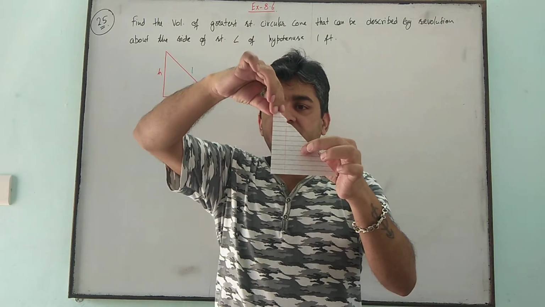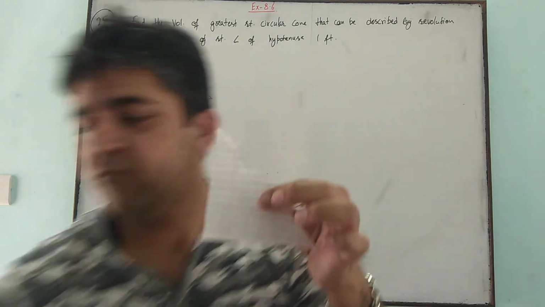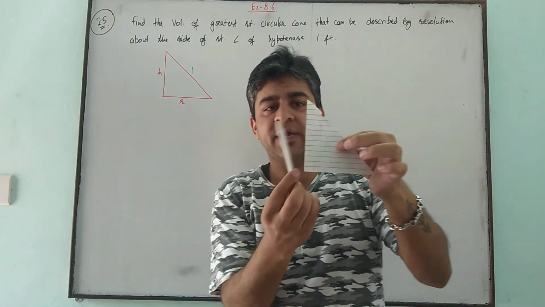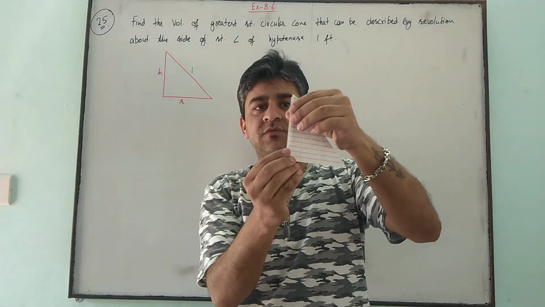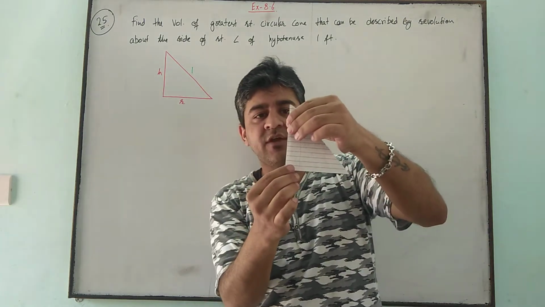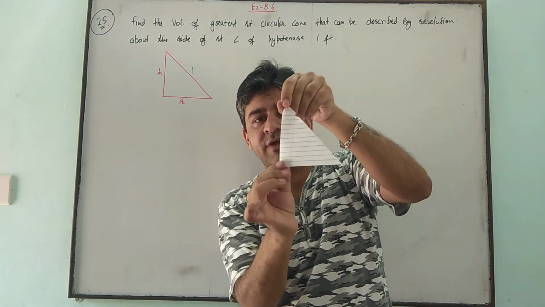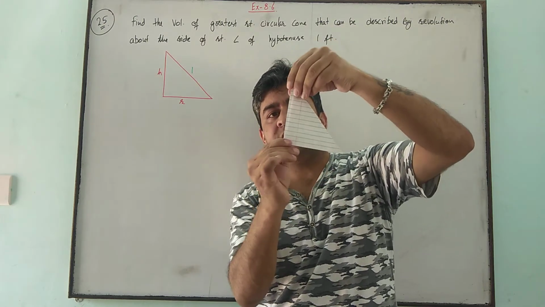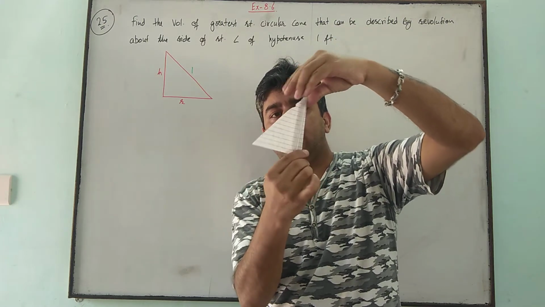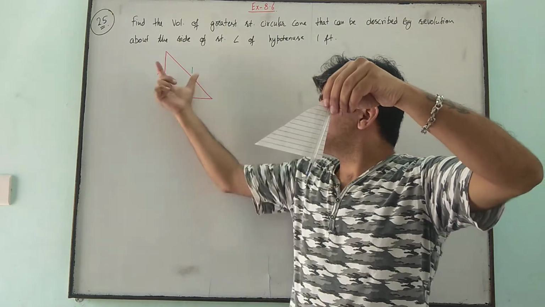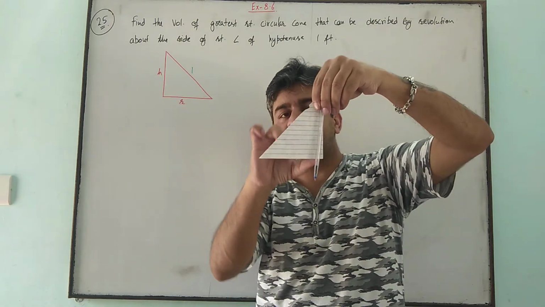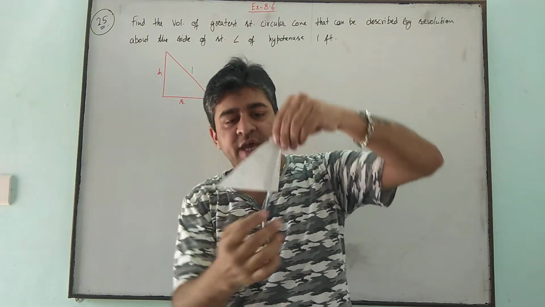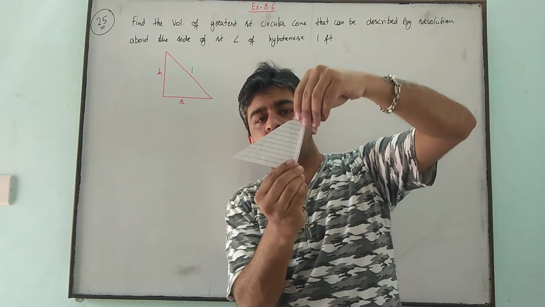Suppose we are revolving it by this side, which we have taken as h. If we revolve it about the h side, we will get a cone. Now if r and h are varying, suppose we are reducing its height, then the volume of the cone will vary.